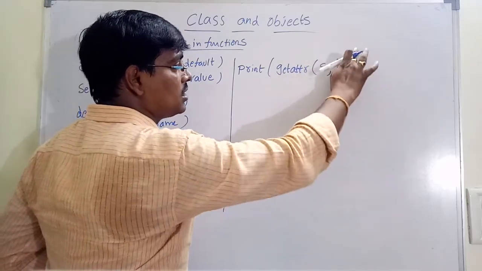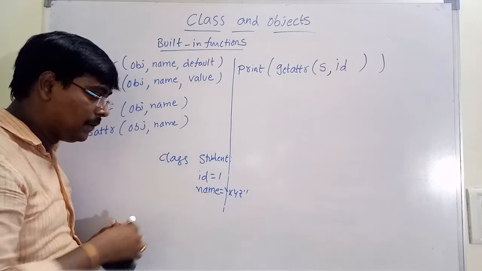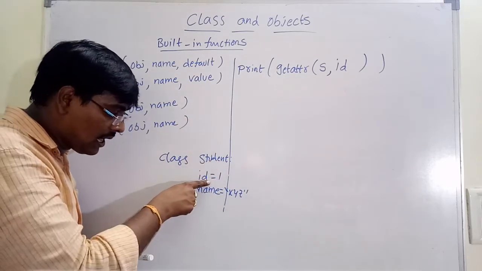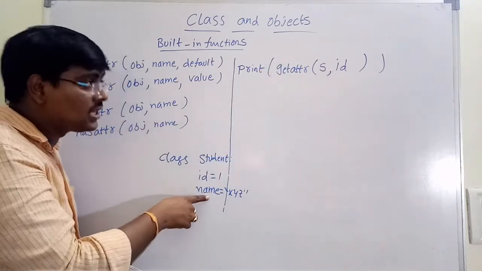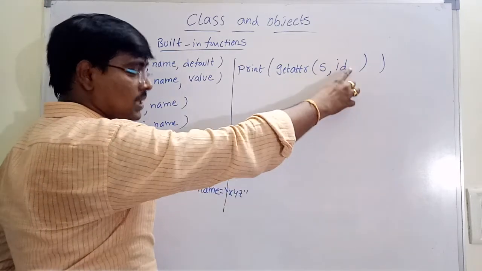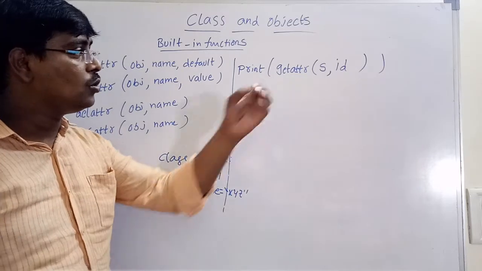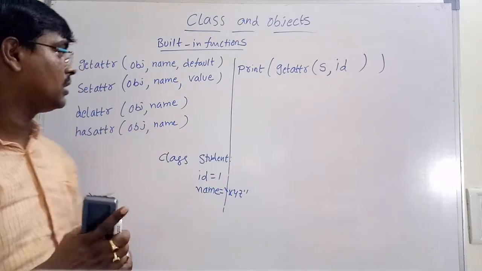Whenever we print this, it prints 1 on the screen. You got it? We are getting the id attribute. Similarly, getattr of s comma name gives xyz. That is, to get a particular attribute of a particular object, we use this function.